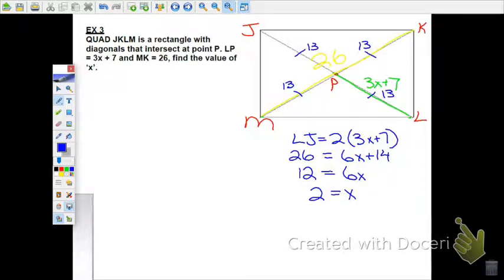So another option would have been to say that 3x plus 7 is equal to 13. Subtract 7 to get 3x equals 6. Divide by 3. We still come up with the same answer. So it kind of depends on what information is given to you. If it's got a variable in it or if it's just a number that is easy for us to split in two, that kind of thing.